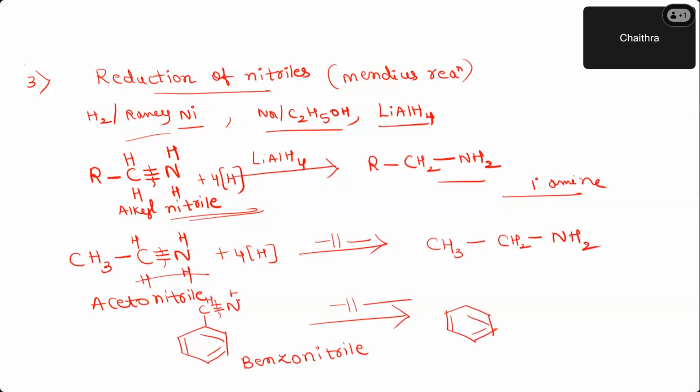Yes, add and tell me the product. What do you get? Benzene ring, CH2. What is this group called, guys? Benzene ring directly attached to CH2 is called, yes, it is benzyl. Now here I have NH2. So this is nothing but benzylamine. This group is there, no? This is called the benzyl group. So this is called benzylamine.